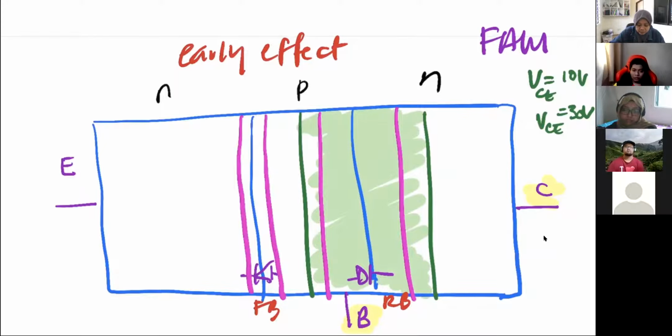Okay. Sebelum tu, area dia yang dalam pink. Okay, now what happens is we have electrons diffuse ke drift? Drift.